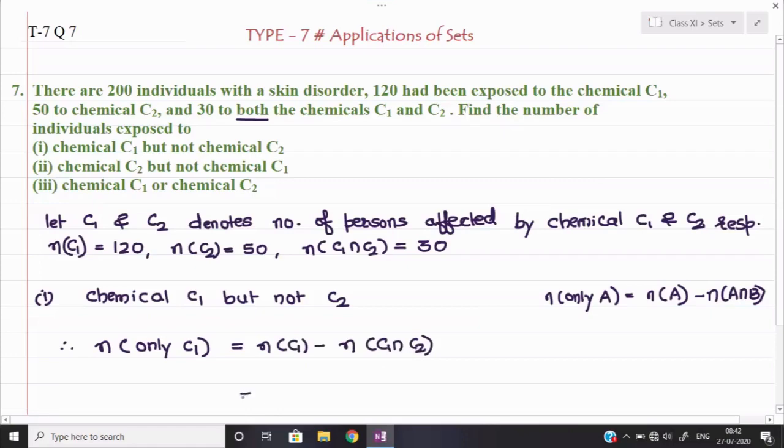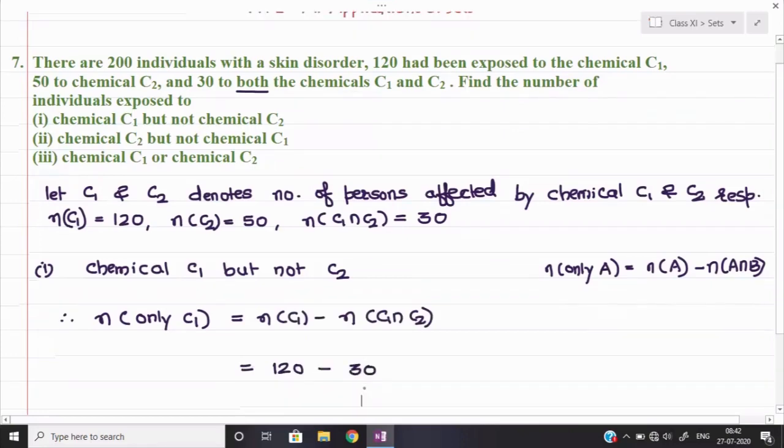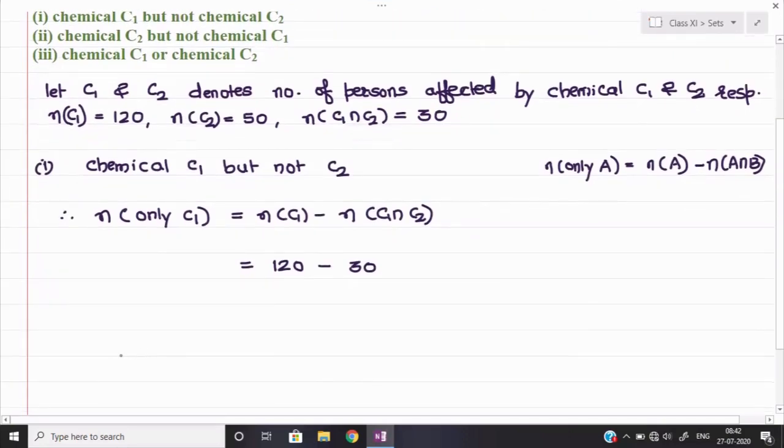N of C1 is given as 120 and N of C1 intersection C2 is given as 30. So according to the first part, the value of N of only C1 is equal to 90.